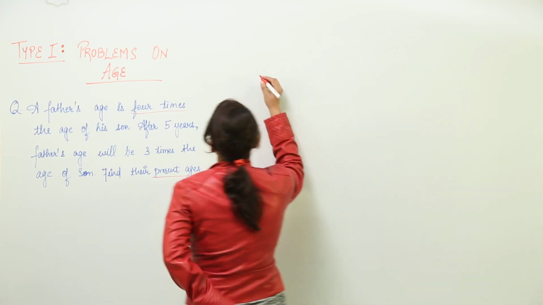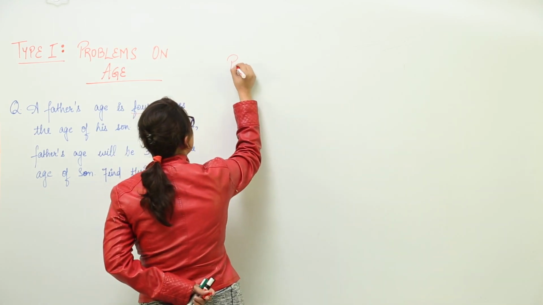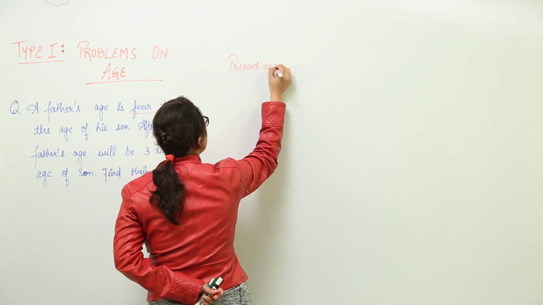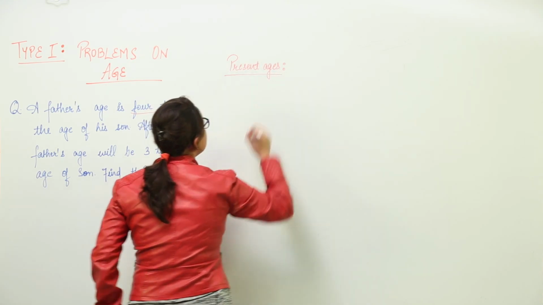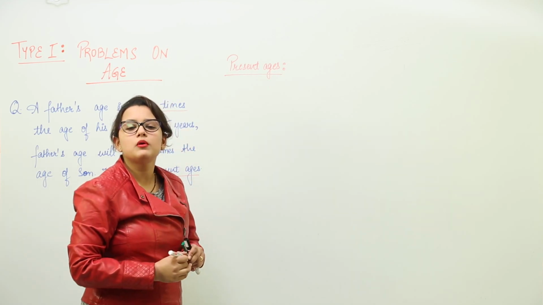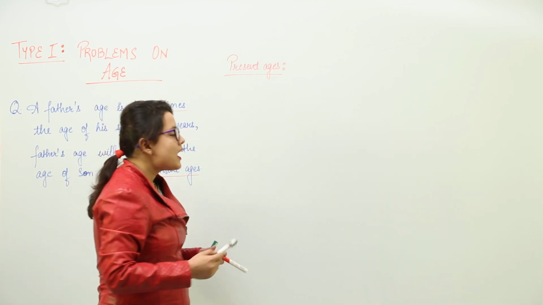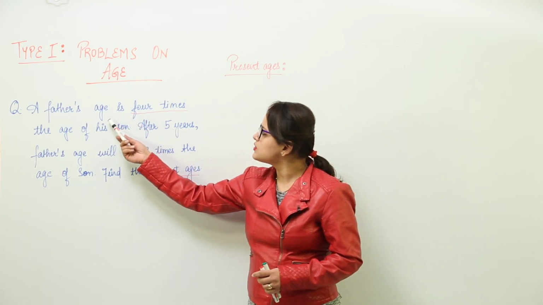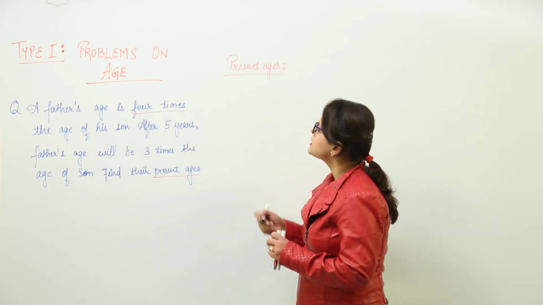Now, how to start this question? First of all, you write the present age in the first column. In present ages, we are going to talk about both the ages, as the first statement of the question tells us the father's age is 4 times the age of his son.